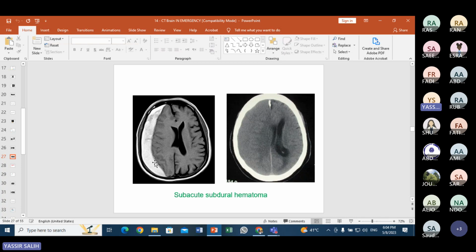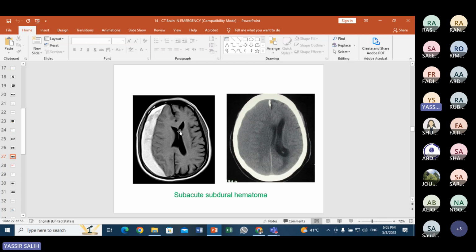What is this image? MRI. Which sequence? T1. The sequence is T1, as opposed to T2. This sequence is T1.